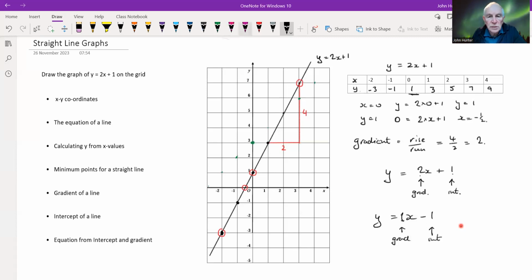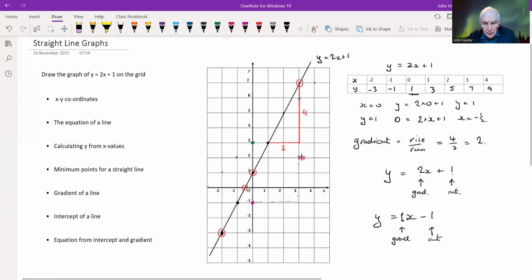So in this case, it's going to intercept at minus 1, so it's going to go through there. And then it's got a gradient of 1. So if we do a little run and then a rise up 3 here, that's a run of 3 and a rise of 3, a gradient of 1.